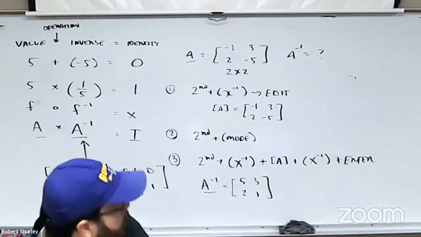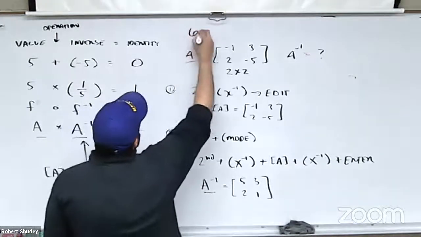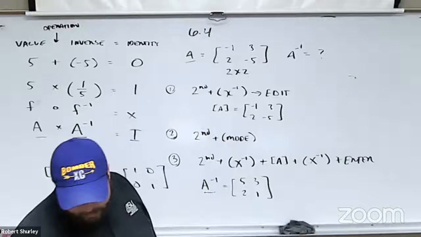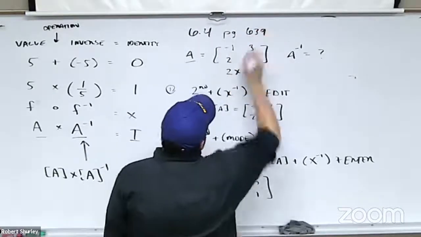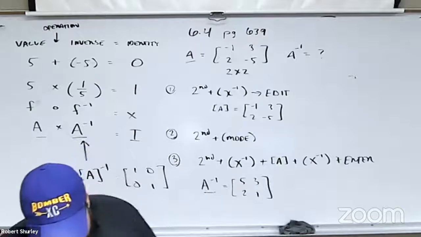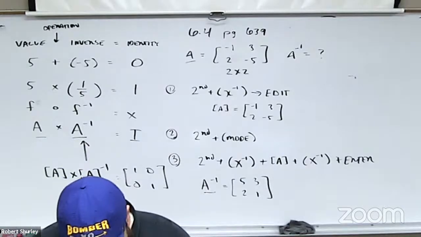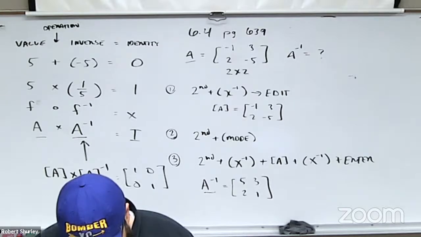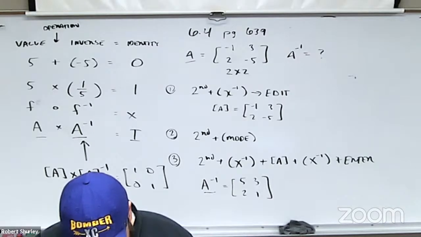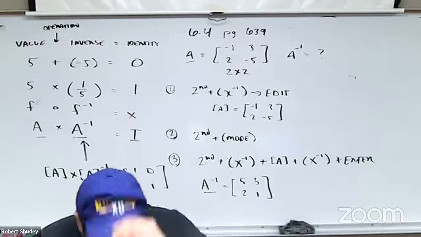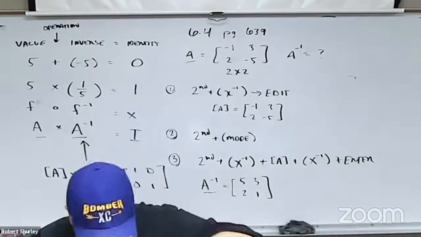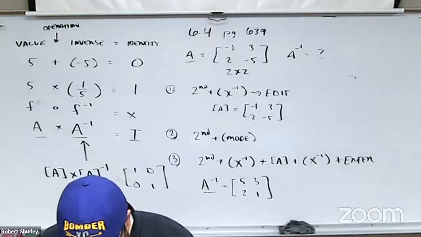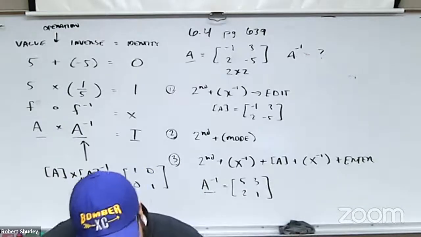For homework in 6.4, it starts on page 639. I just want you to do 13 through 27 odd.